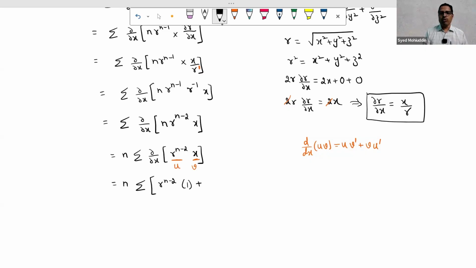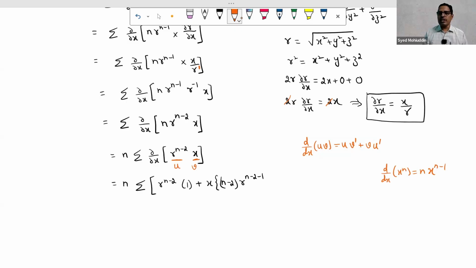Partial derivative will be 1. Plus v. v value over here is x into u'. That means differentiation of r^(n-2). So it is nothing but (n-2) into r^(n-2-1). Just using this basic formula of d/dx of x^n is nothing but n x^(n-1).